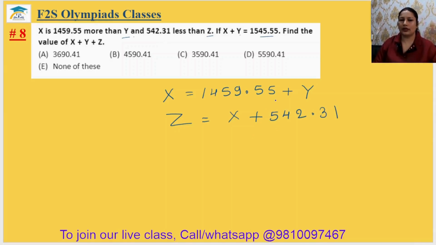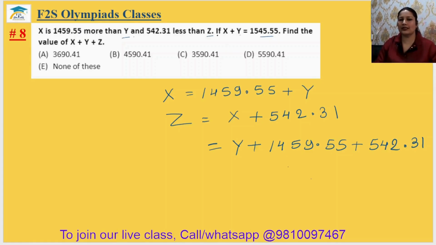So can I write Z as Y plus 1459.55 plus 542.31. We can write it like this.